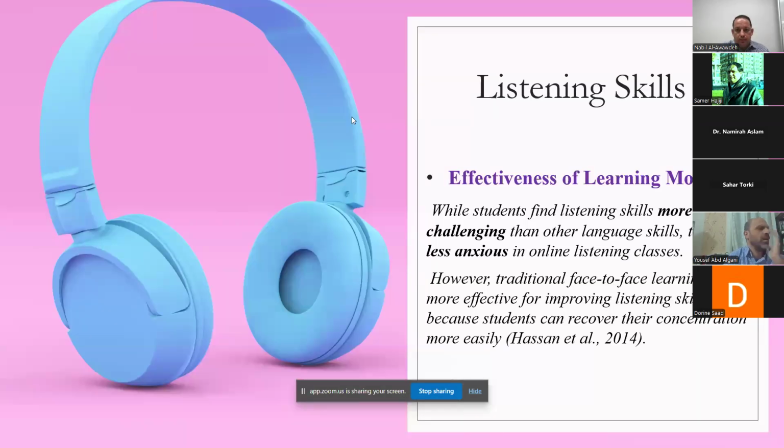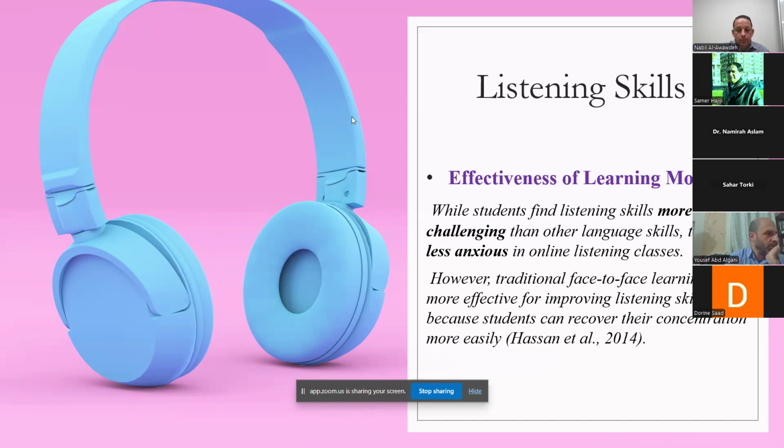Regarding listening skills, some students think that listening is more challenging than any other skill. However, since again they feel less anxious in online classes, they can understand well. In face-to-face learning, they feel anxious, and this causes stress, and they do not hear very well.